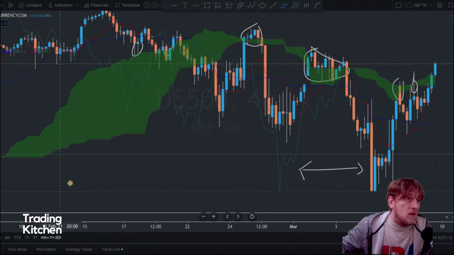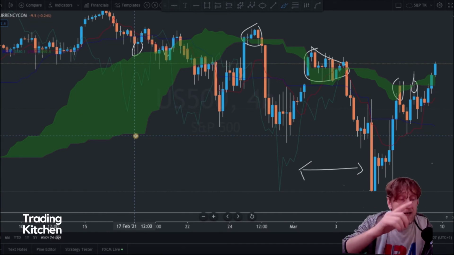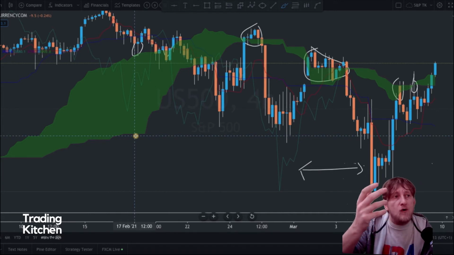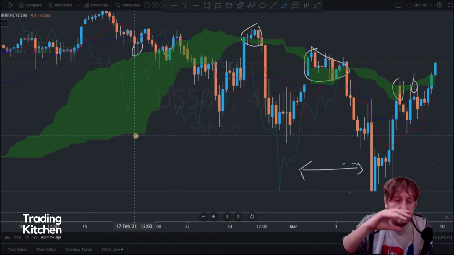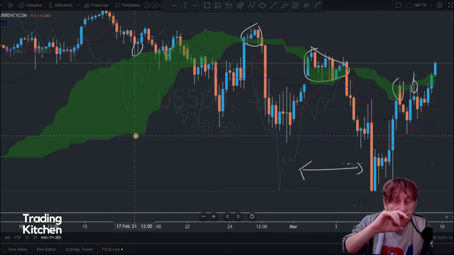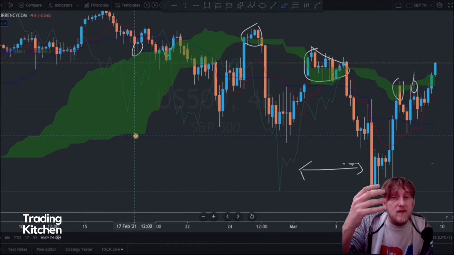Another thing that I didn't tell you about the cloud, what the standard rules of ICHIMOKU cloud theory say, is that you should never trade inside the cloud, just because the trend is not clear.